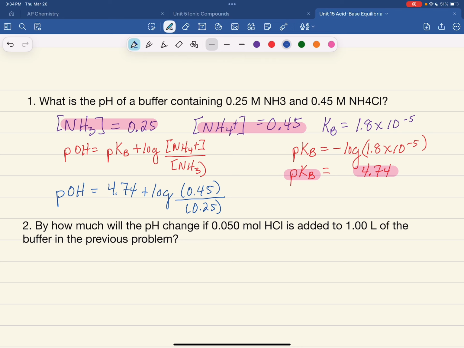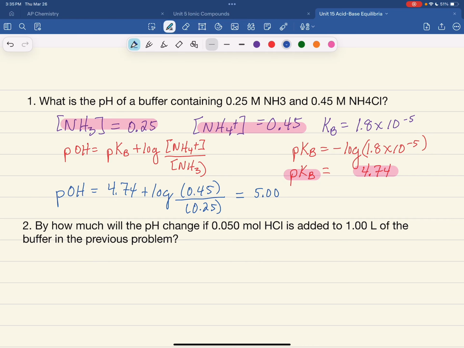Okay, so I'm just going to put that in my calculator and get an answer for pOH. So my pOH in this case is equal to 5, right on the money.